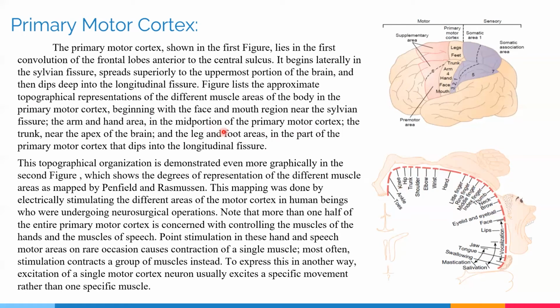In the mid portion of the primary cortex, the trunk near the apex of the brain, which is right here, and the leg and foot areas in the part of the primary motor cortex that dips into the longitudinal fissure, that is right here.